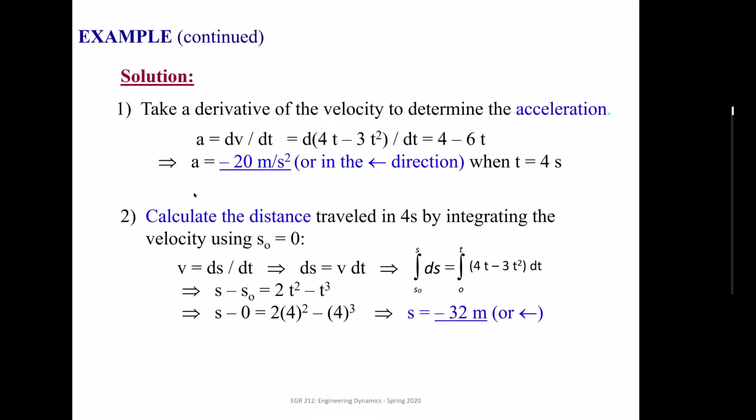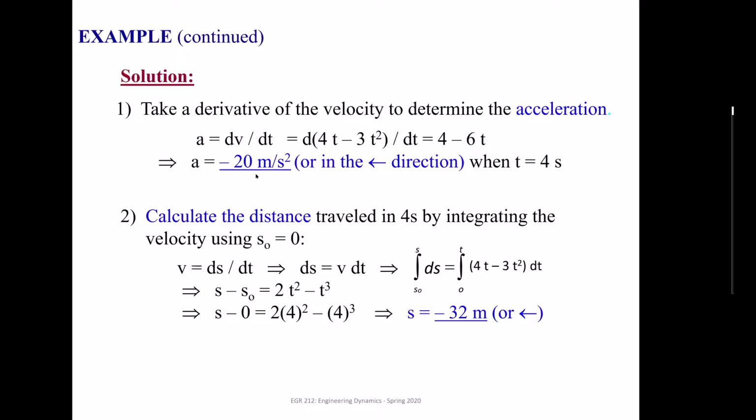Okay. So, once you come up with a proper approach, then it's just a matter of performing the math associated with it. Here, we just perform a derivative on this, and when you do that, dv dt just becomes 4 plus 6t. Okay. Substitute in for t equal to 4 seconds, and you can come up with the acceleration at that point in time.